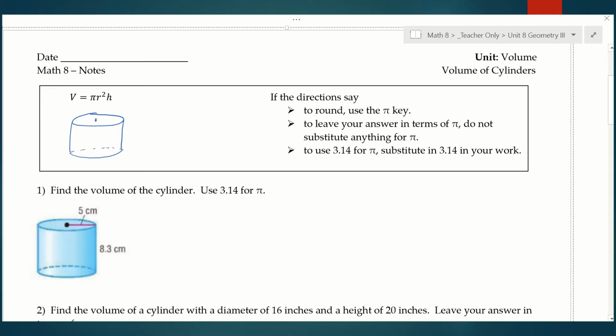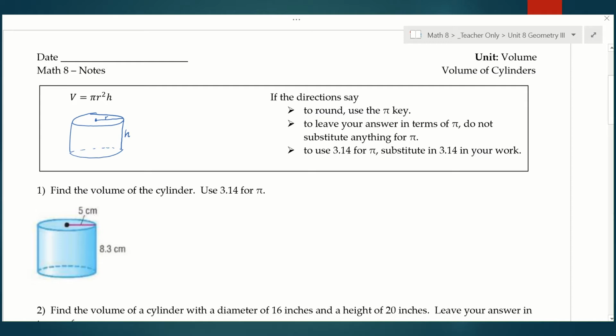So just to remind you, the radius is halfway through the circle, the top or the bottom of your cylinder. Your height is how tall your cylinder is, and depending on what the directions say will depend on what we plug in for pi.